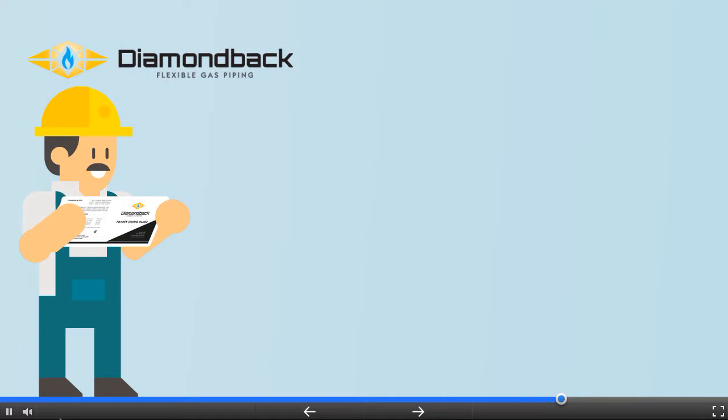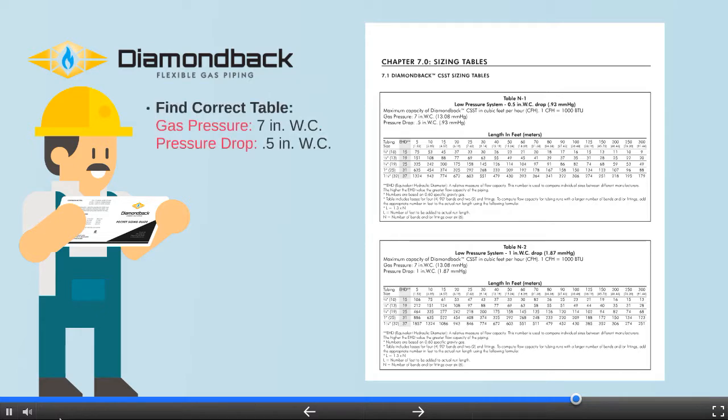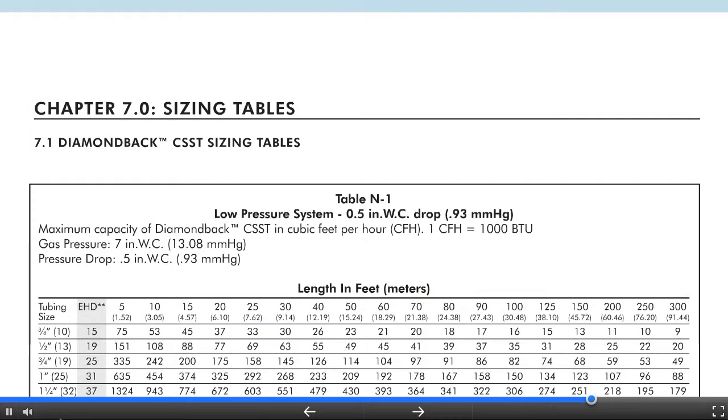So now you need to select the correct table in the design manual. In this case, it is table N1, page 44. That table is 7 inches water column with 0.5 inches water column drop. Using the longest run method, select the column showing the measured length, or the next longest length if the table does not give the exact length.